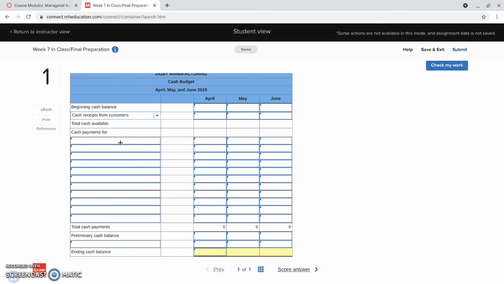And then cash payments for raw materials, direct labor, variable overhead, sales commissions, sales salaries. Some of these should look familiar. We should have had these earlier.